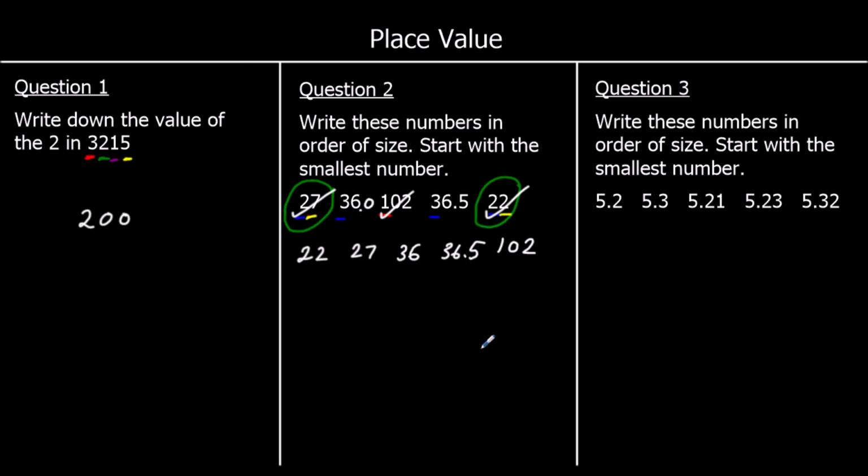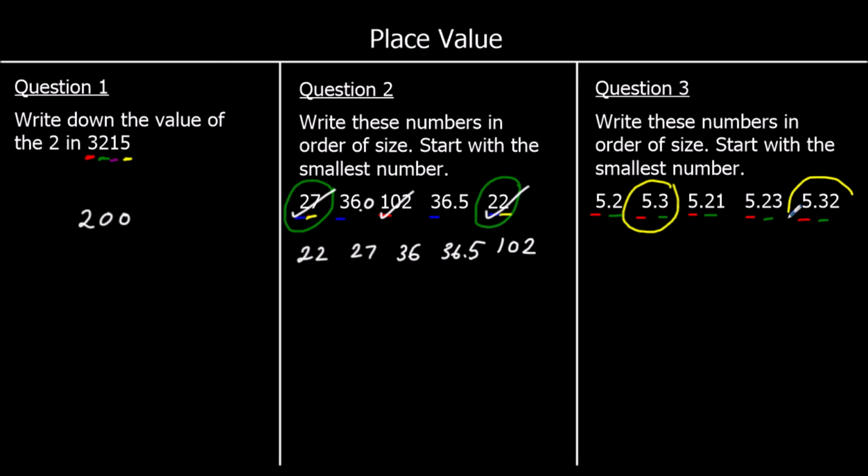And one more question. So again, ordering the numbers. So the biggest column is the ones, and they've all got 5 in the ones. So they've all got an equal number in the ones. So we'll move on to the tenths. We've got 2, 3, 2, 2, 3. So the biggest numbers are the ones with 3.